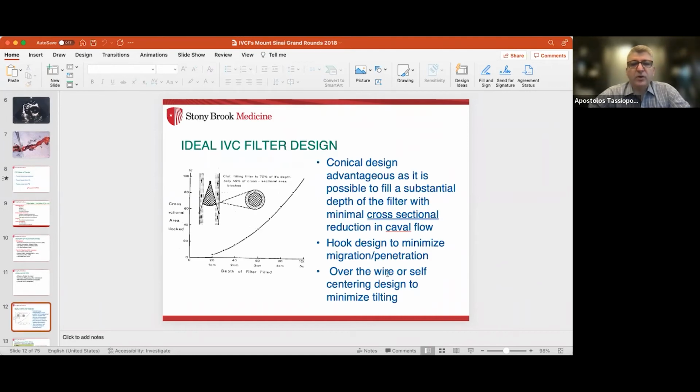I don't want to bother you a lot with hemodynamics, but this schematic shows how a conical design filter, even if it captures a significant amount of thrombus, can allow blood in the periphery and maintain patency of the inferior vena cava.